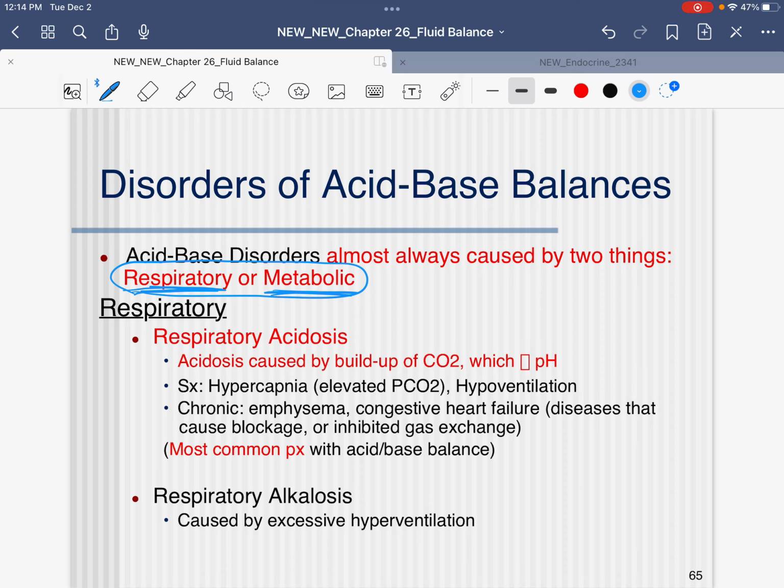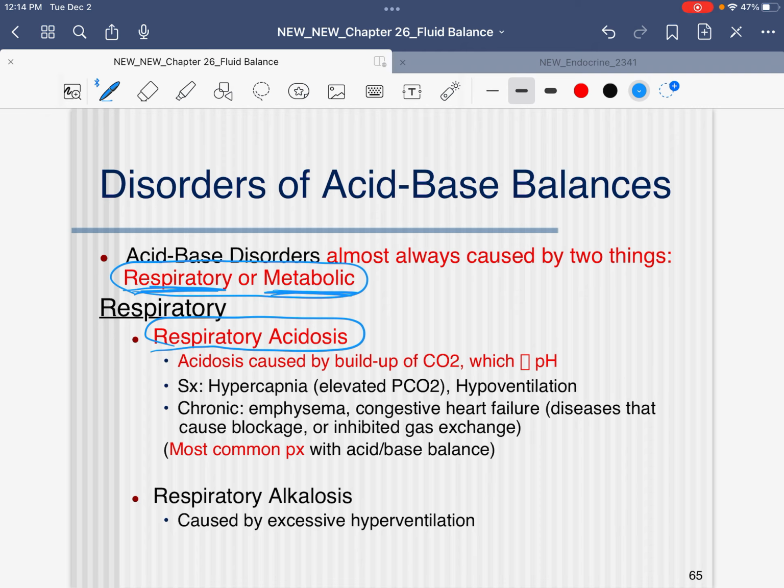What are the two main causes of an acid-base imbalance? Respiratory or metabolic. For example, respiratory acidosis. It sounds maybe more fancy than it needs to be. We already know what acidosis means: the blood pH has dropped below the normal range.